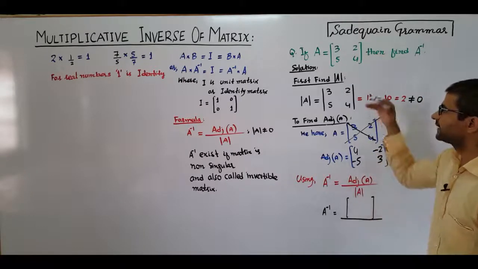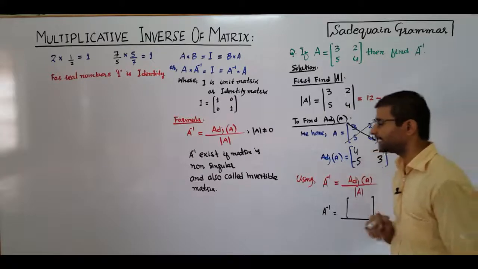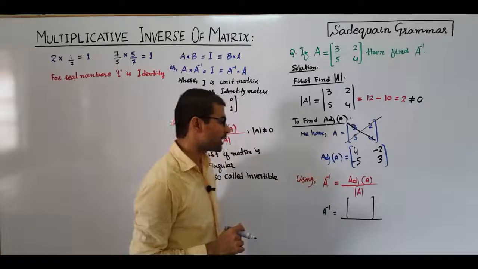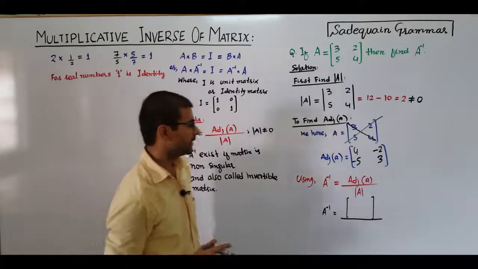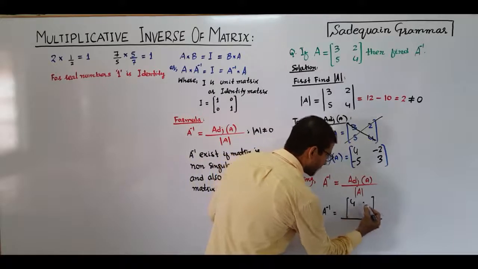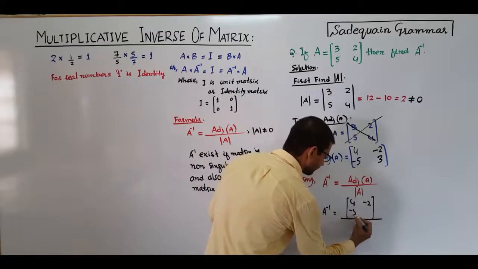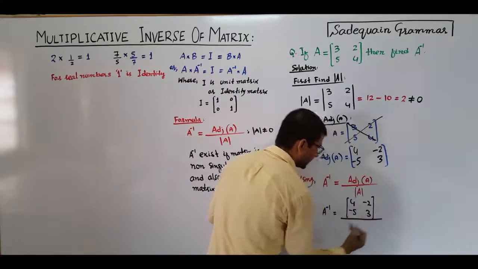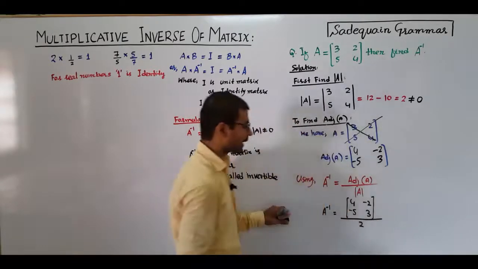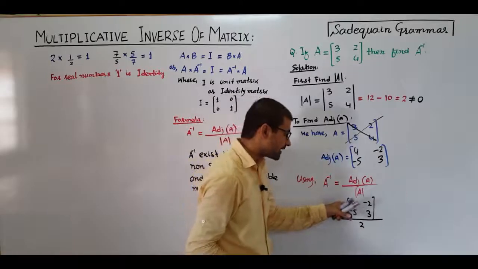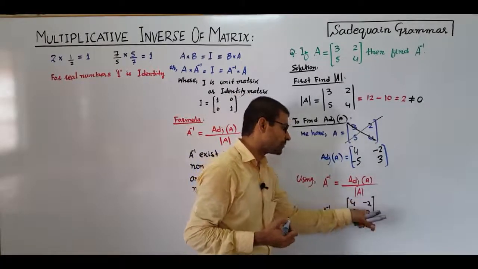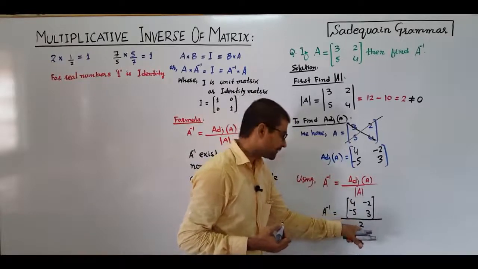So after finding the determinant and adjoint, we can apply the formula of inverse. A inverse is equal to adjoint of A over A determinant. Adjoint of A is 4, minus 2, minus 5, 3, and A determinant is 2. How can we simplify? If a matrix is divided by any number, then all elements of the matrix will be divided by the number.